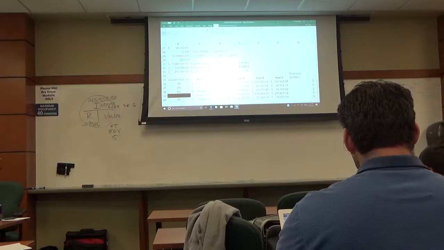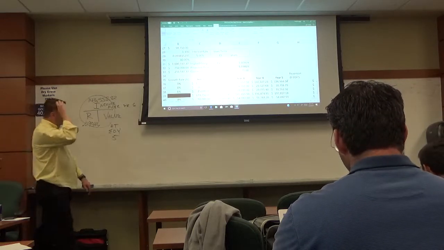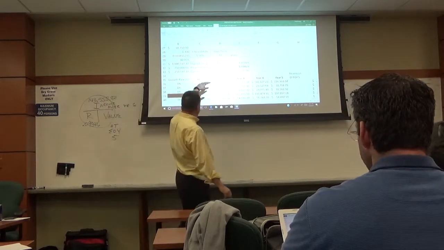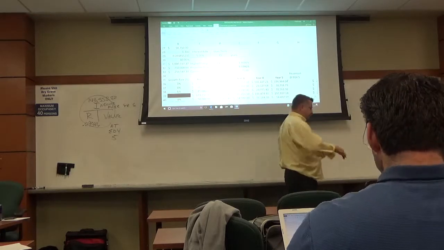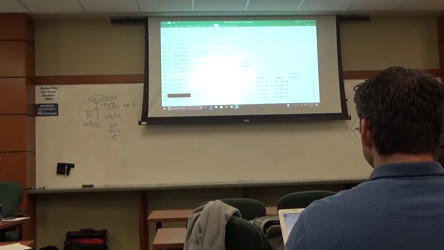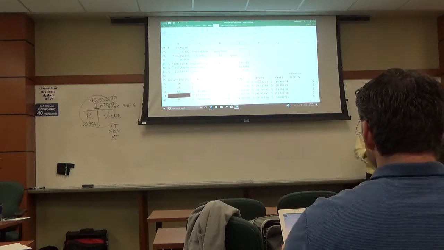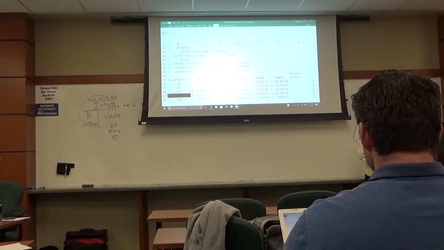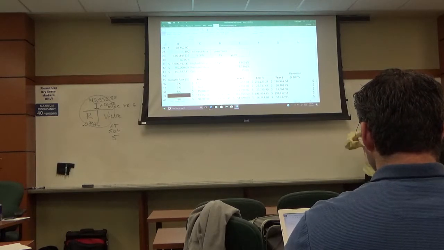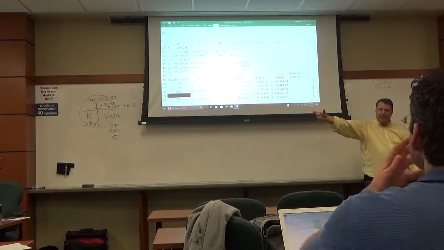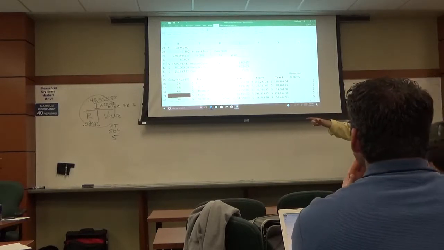This is a good point that you brought up, because I should explain the difference between a going-in cap rate and a terminal cap rate, which in this case I'm calling the projected reversion cap rate. You're going to hear people refer to a going-in cap rate, which means the beginning of the project.